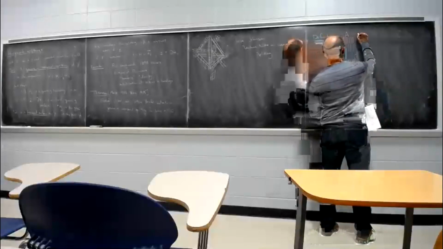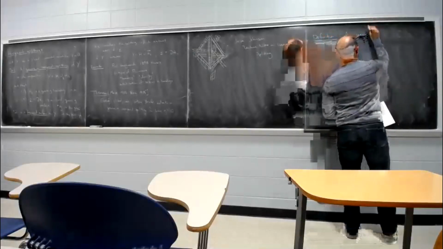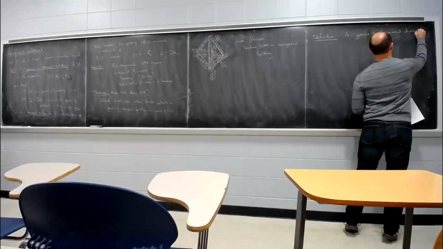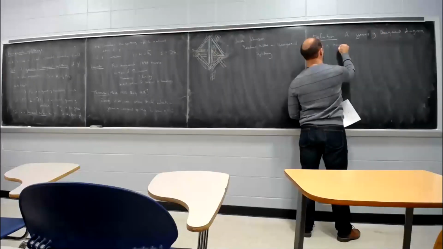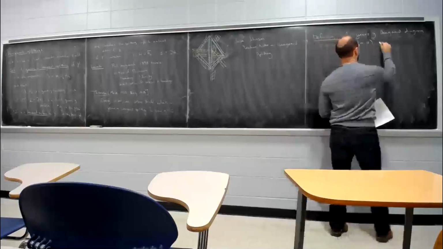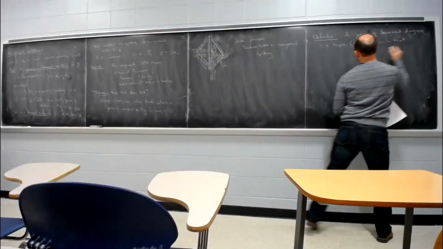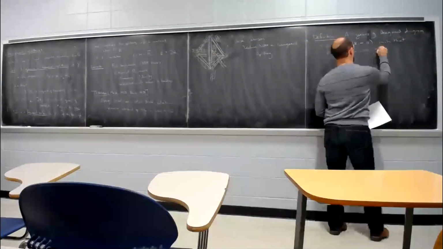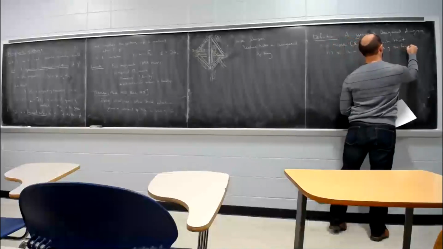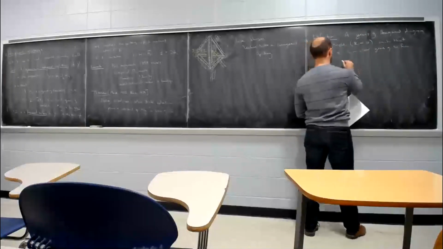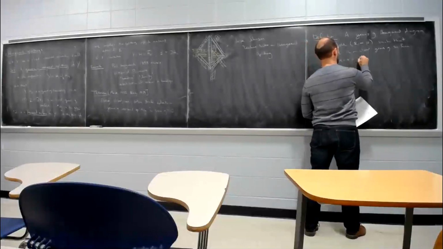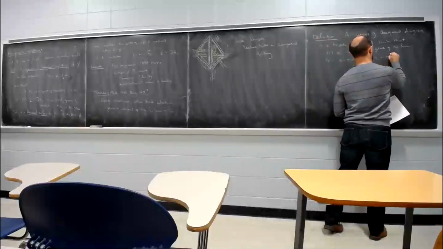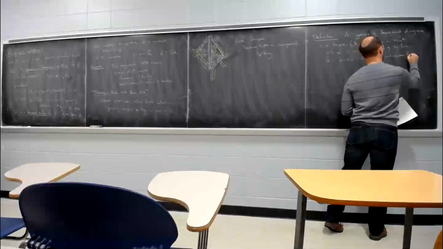So our next definition is that of a genus G Haggard diagram. So a genus G Haggard diagram is a triple sigma, alpha, beta, such that first off, sigma is a closed genus G surface, and second, alpha, which we think of as a collection of G curves, is a cut system for sigma.